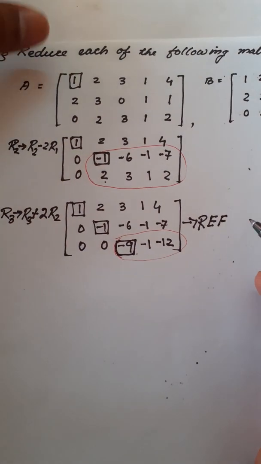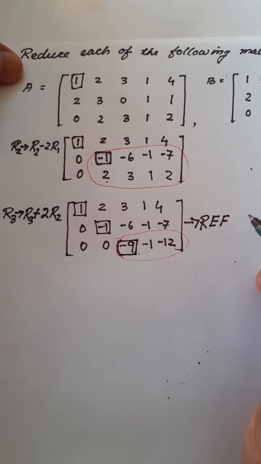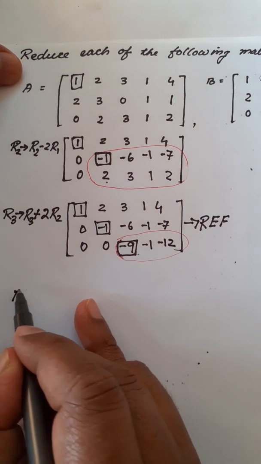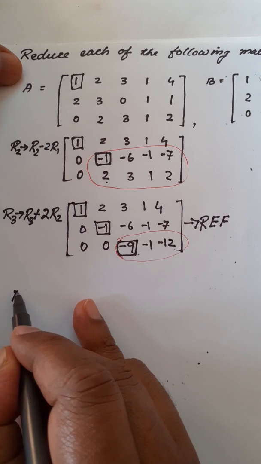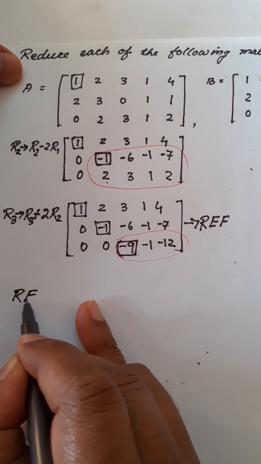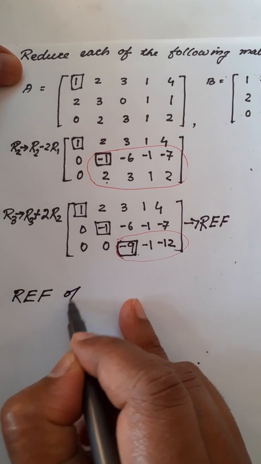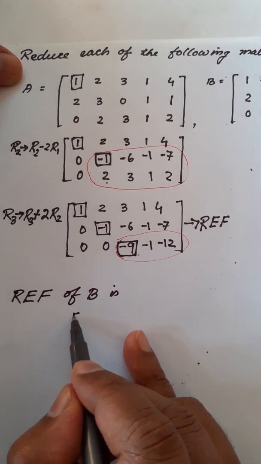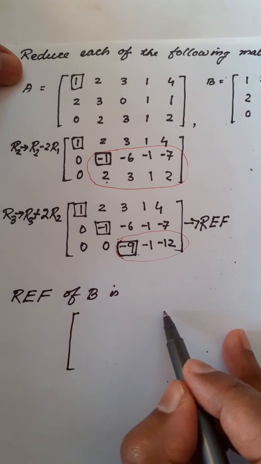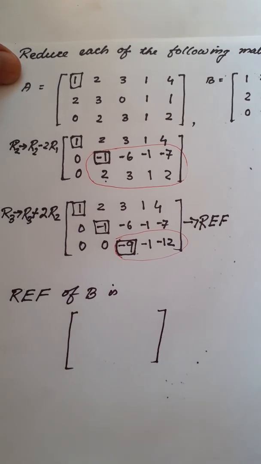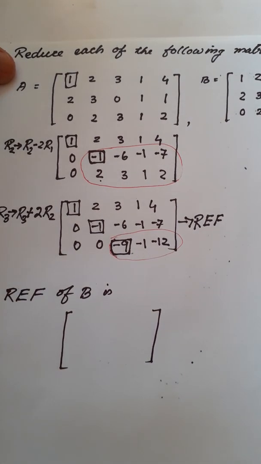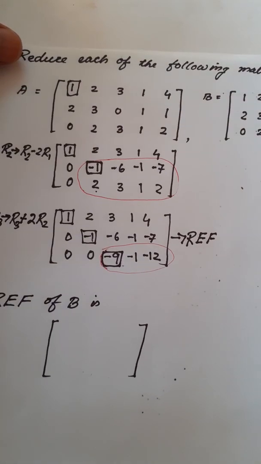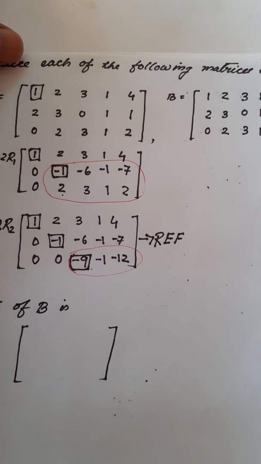Fine. Now how to get the row echelon form of B? Recall that the columns of B are nothing but the first four columns of A. So you don't have to bother with anything else.